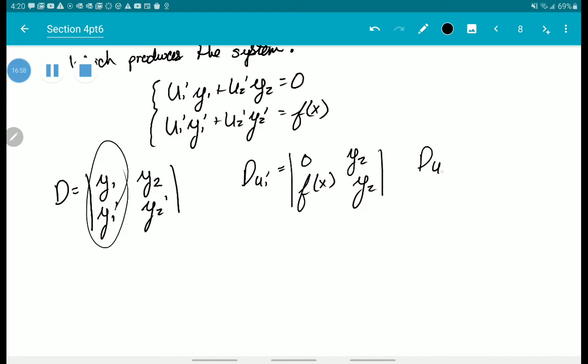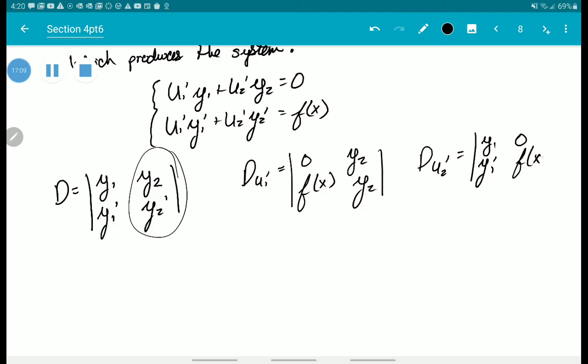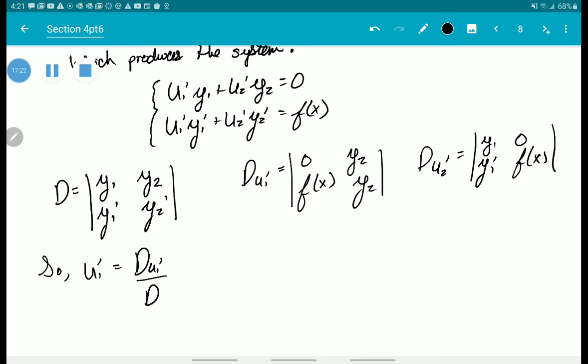And then our du2 prime replaces that second column. So now that you can find those determinants, then that means that u1 prime has to be equal to du1 prime over d, and u2 prime has to be equal to du2 prime over d, all by Cramer's rule.